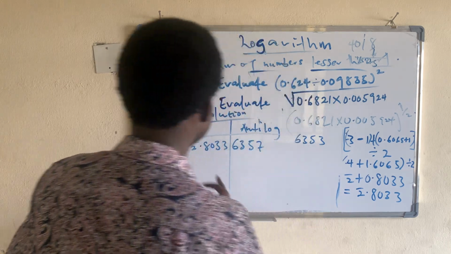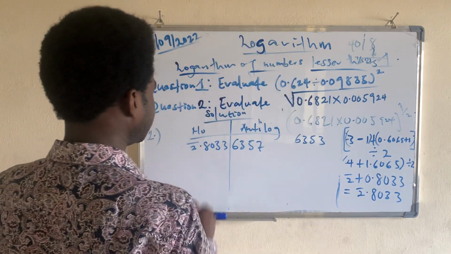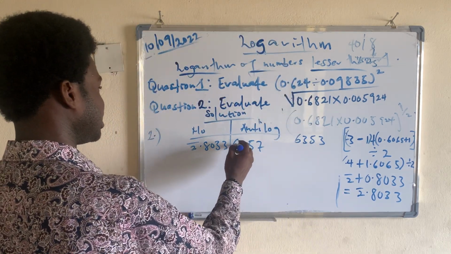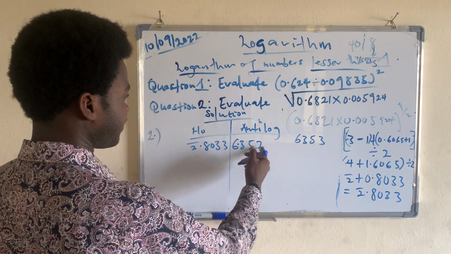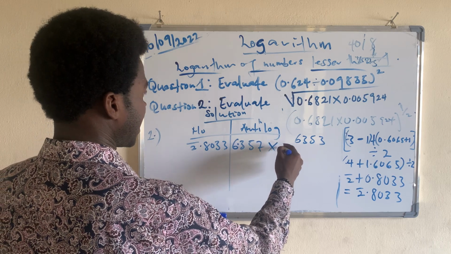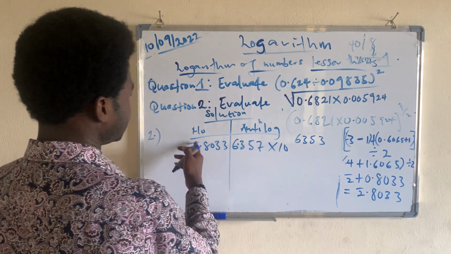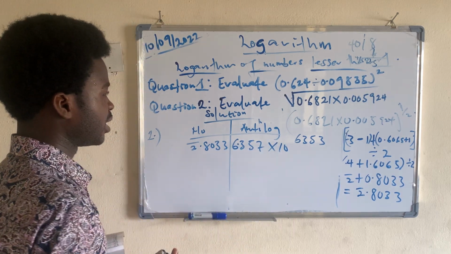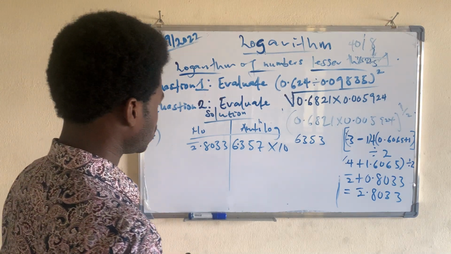Don't forget, this bar 2 simply means we have 6.357 times 10 raised to the power of minus 2.